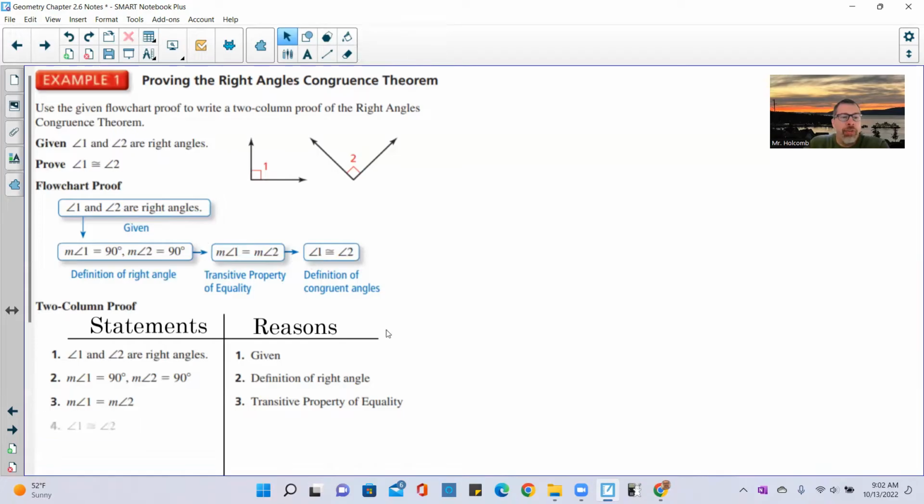So then finally, if two angles are equal, they have to be congruent, and that's the definition of congruent angles. Okay, so I'm just wanting to make it clear that this is your statement, reason, statement, reason, statement, reason, statement, reason in the 2-column proof. So a flowchart proof is no different than a 2-column proof. I would just prefer doing the 2-column proofs than the flowchart proof.